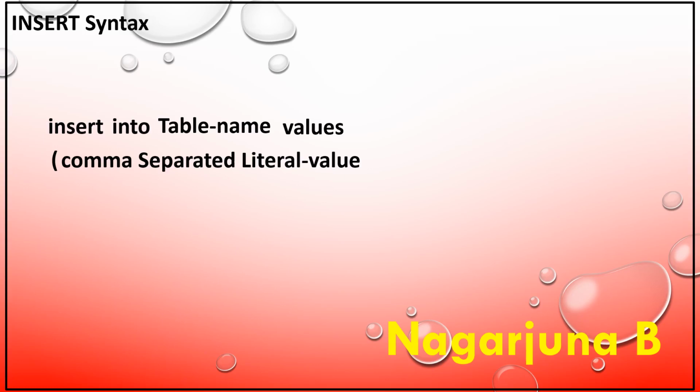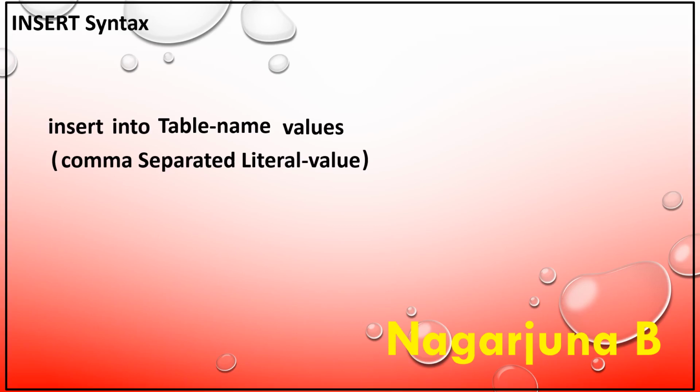So all those fields' literal values should be specified after opening the bracket, and each of the literal values should be separated with a comma. If it is a numeric value, it should be written directly, whereas if it is other than a numerical value, it has to be specified within single quotes. After that, you need to close the bracket.